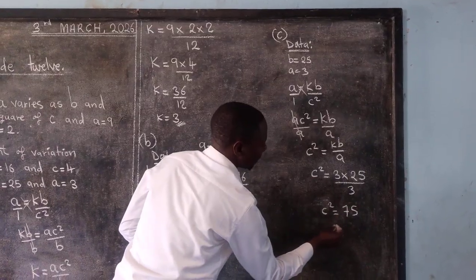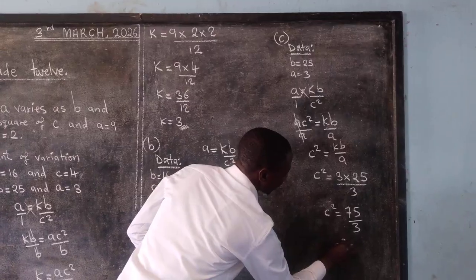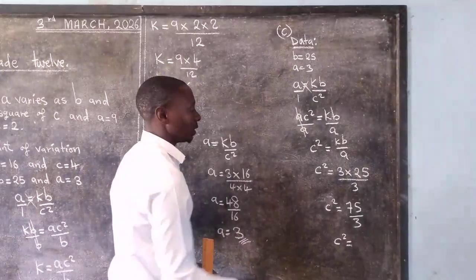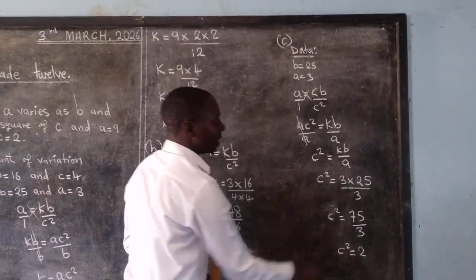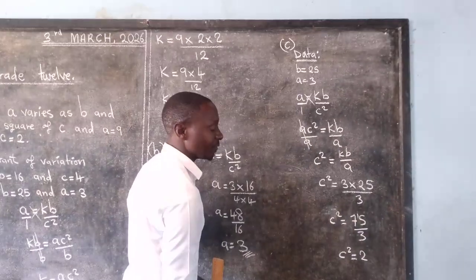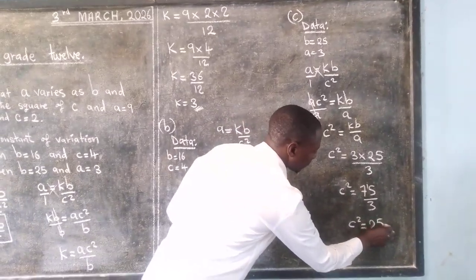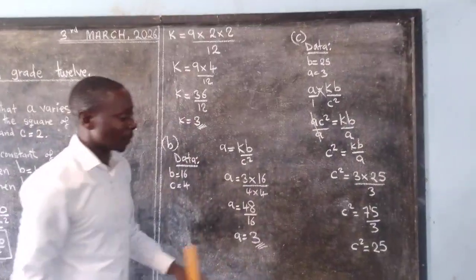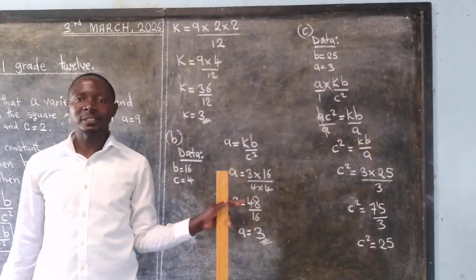Are we together? 75 divided by 3. C squared is equal to 25, since 3 into 15 is 5. Here most of the pupils fail to answer that question.